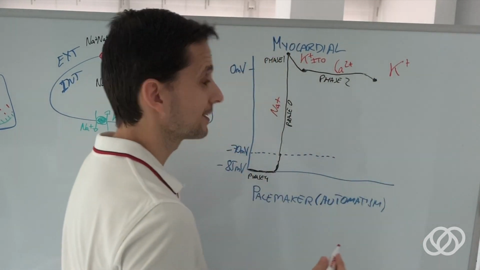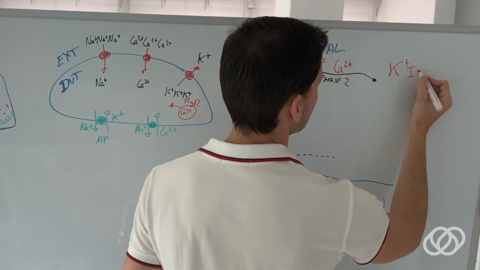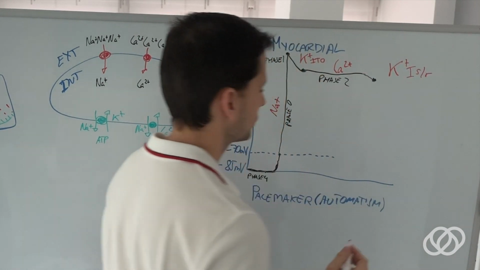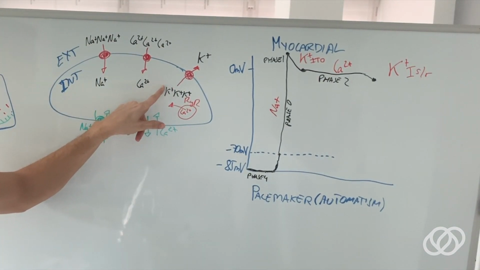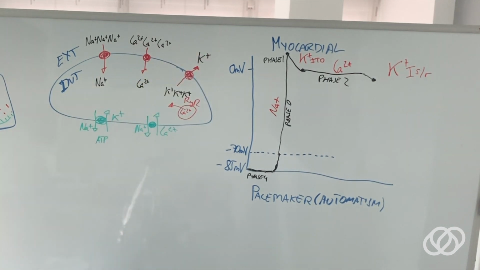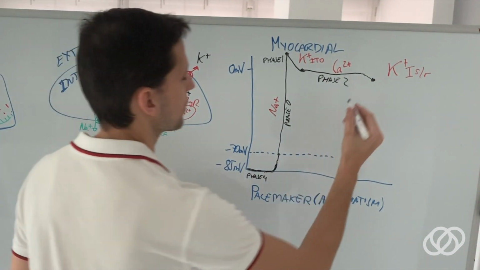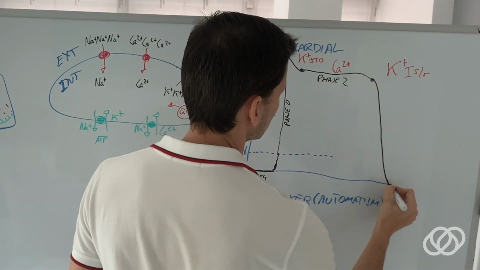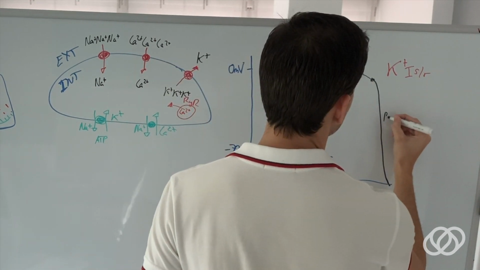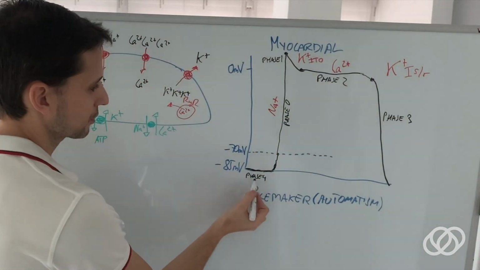Those are called the delayed rectifier potassium channels, I-K-S and I-K-R. Then a lot of potassium will start going out of the cell. Because there is no cation going in, we are going to start the repolarization of the cell. That is phase 3. It's going to go down. And this is phase 3. We are going to go back to phase 4.